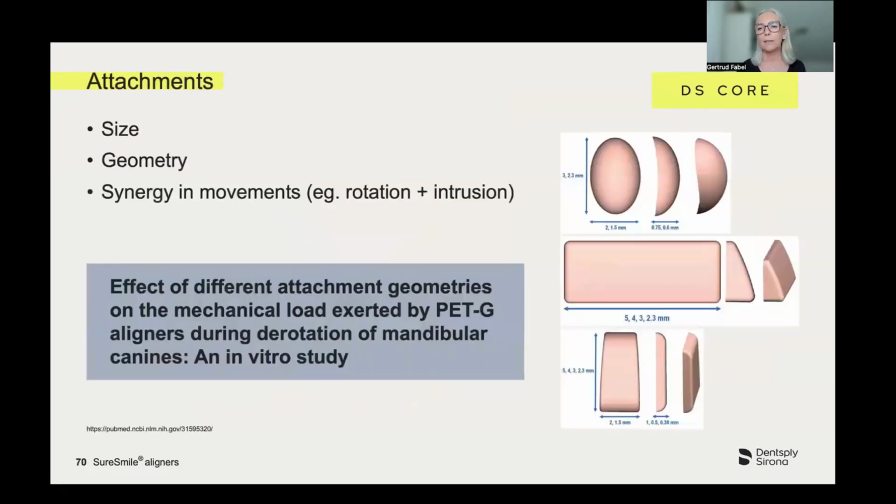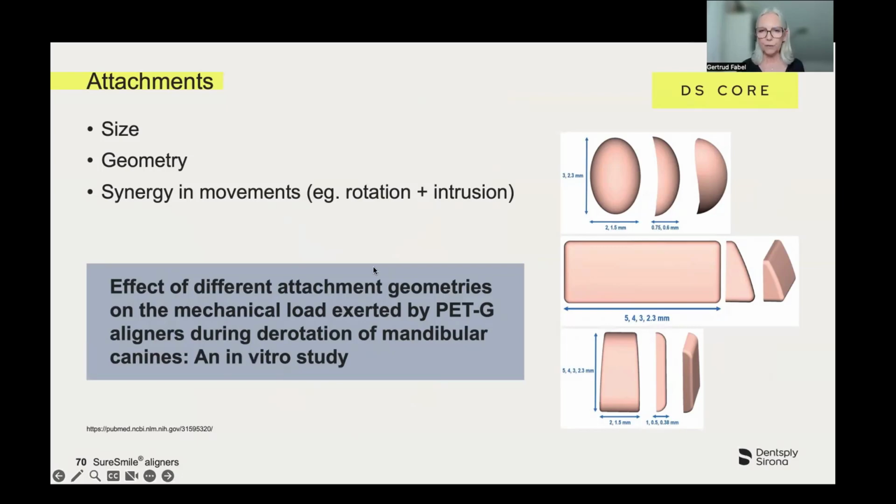Attachments are fixed with an attachment template, and they have different forms. They have not only different forms and geometry, but also different sizes, and they support the synergy in the movements, especially in rotation and intrusion.